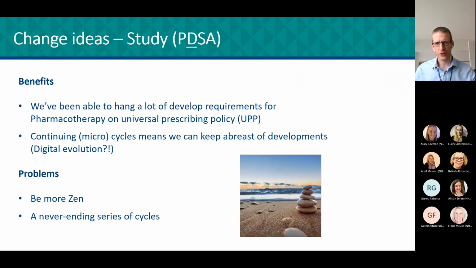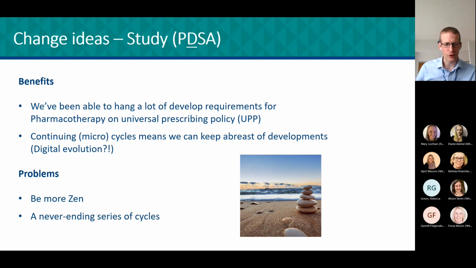So the benefits for the pharmacotherapy team, we've been able to make little changes as we go. It's being moved towards a functional system that supports the whole MDT. It's also allowed us to make changes as developments in IT come along.